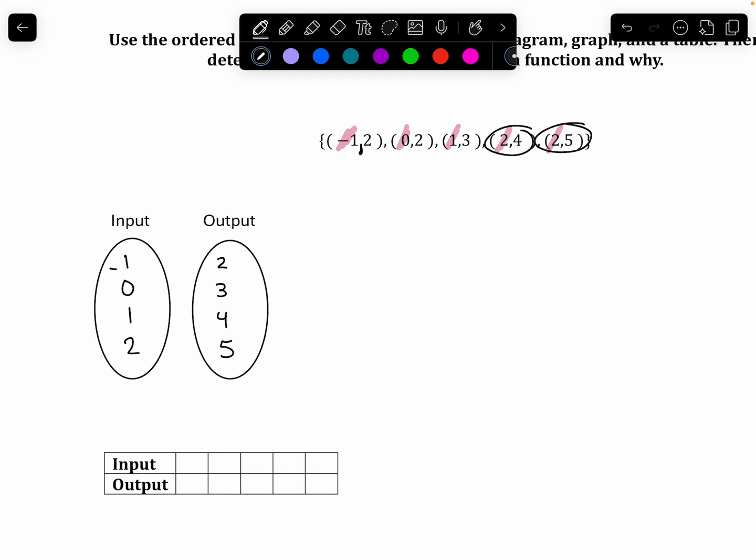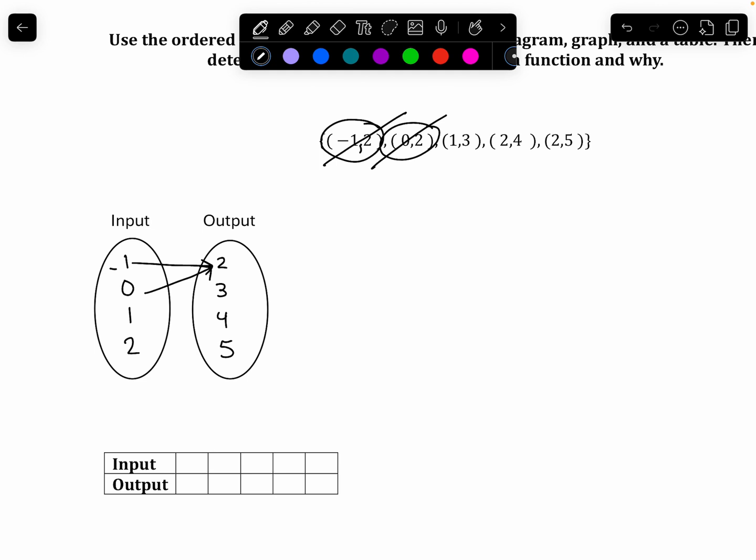Now, the way that we do our mapping diagram is we list our inputs and then we list our outputs, and then we have to map them to their correct buddies. So -1 is supposed to map to 2 based on this coordinate right here. 0 also maps to 2. It's okay if you have repeating y values for different x values.